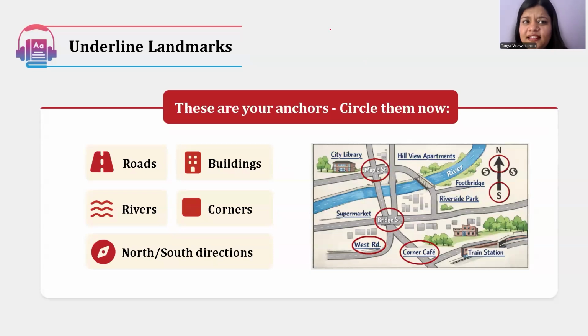Next, underline the landmarks. These are your anchors. Circle them. So basically, we need to look for the sources of navigation. If you're dealing with an indoor map, your sources of navigation can be floors, gallery, lane, stairs.